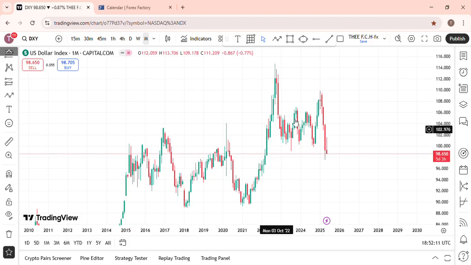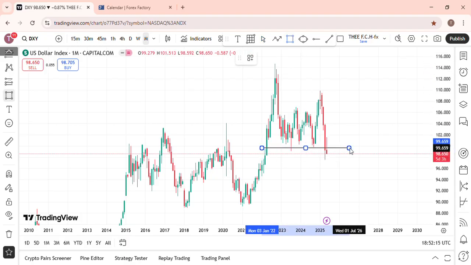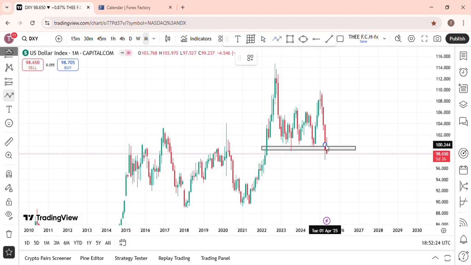And now we had this kind of a support level here. It's been holding the market, and also it helped to push the market up to this level. And now, as you can see, this month it is likely that the market is going to close below this support.